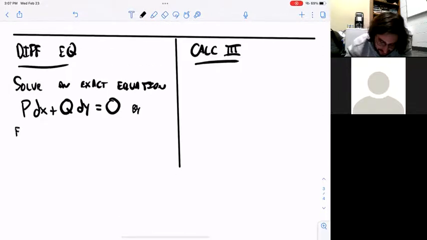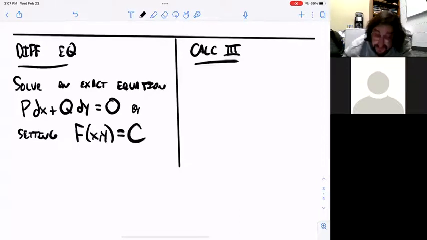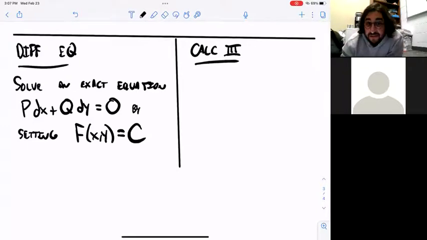By setting F of xy equal to c, right? That's the very last step of solving an exact DE, is you set your function big F equal to c, and you say that's the general solution.